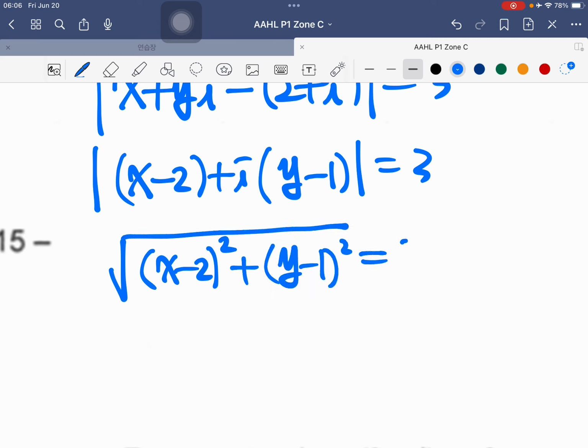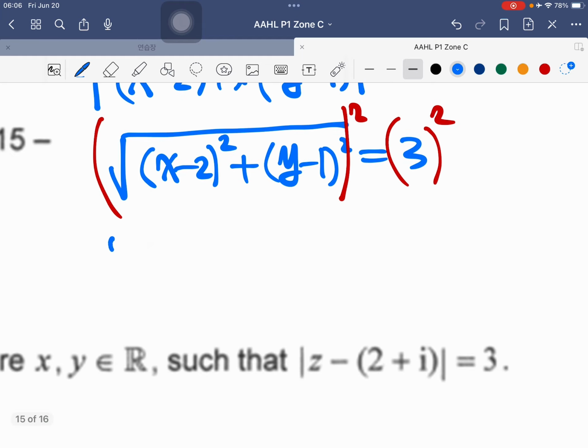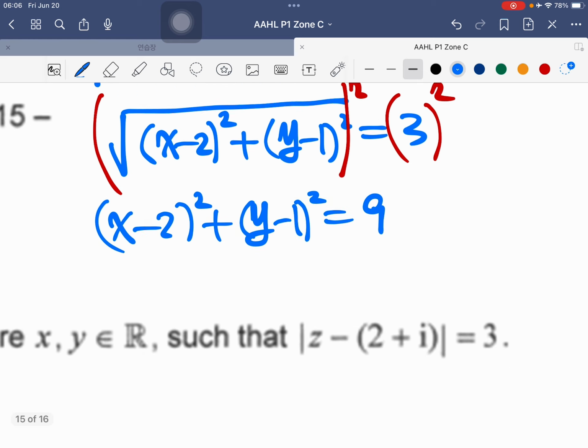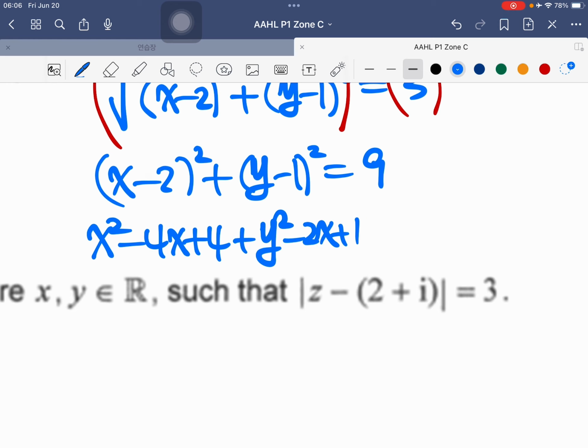This is 3. So we take squares on both sides, and the left hand side becomes (x minus 2) squared plus (y minus 1) squared, and 3 squared is 9. Expanding the expression, we got x squared minus 4x plus 4 plus y squared minus 2y plus 1 equal 9.